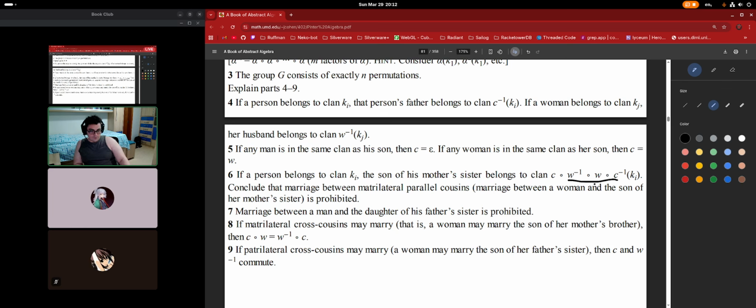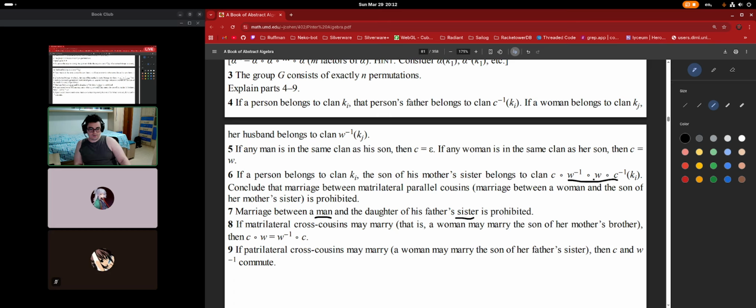But wait, then you have to go to the child of that, that's C. Okay. You don't need a W in the middle because you know that your aunt is in the same clan as your dad. I see. It's because we don't need this man's uncle. We need his cousin, which in this case is this one.